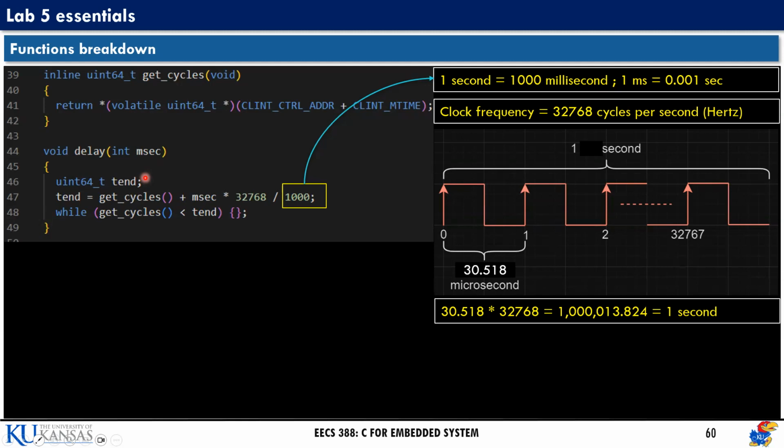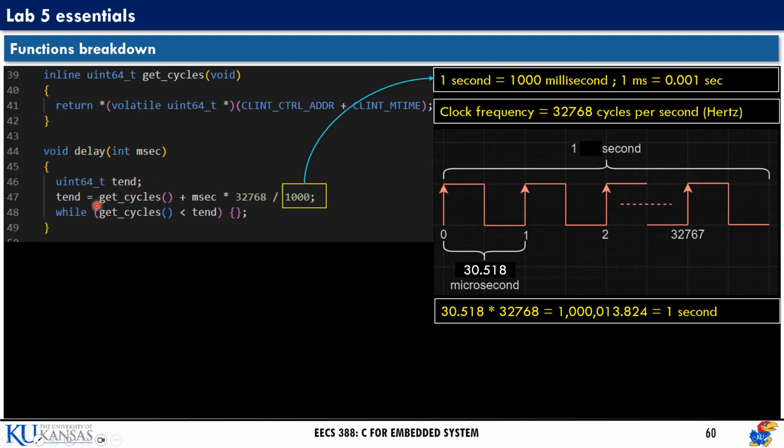It's asking the CPU, please, wherever you are, whatever you are doing, stop and do this kind of IO operation. Here the delay is basically the IO operation, the interrupt. After you are done with the IO operation, for example, if we set the delay to 1 second, after 1 second you can go back to your code and resume wherever you were. So that's how the delay works, right?